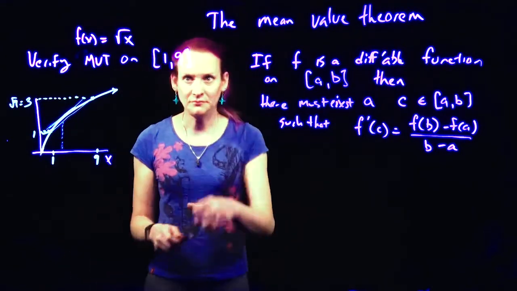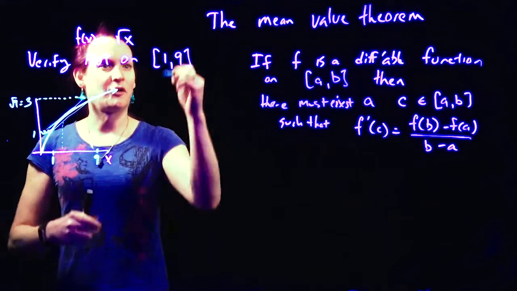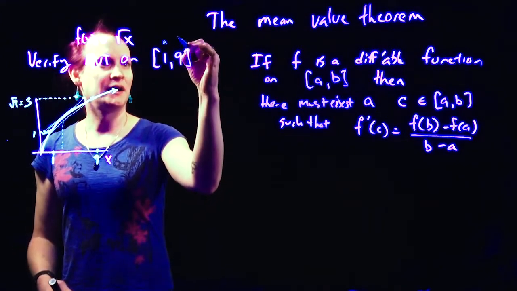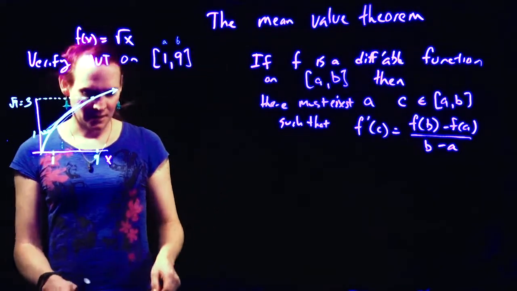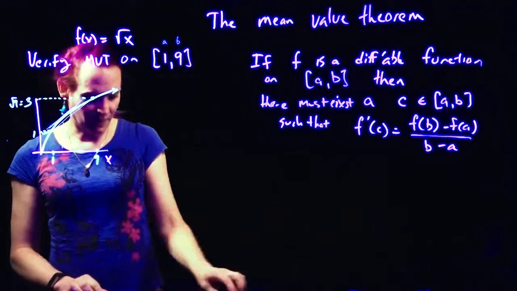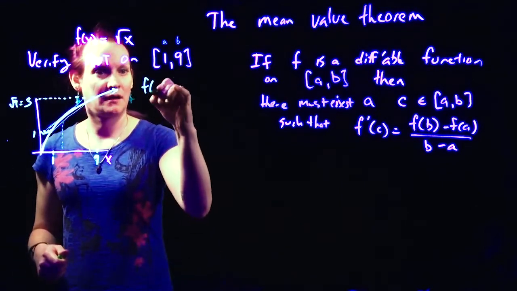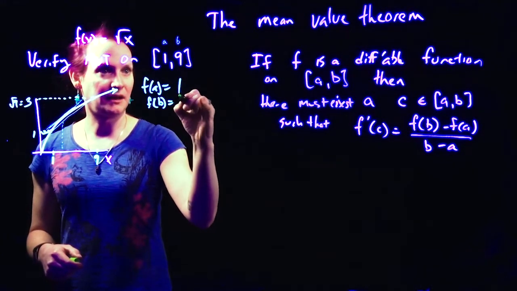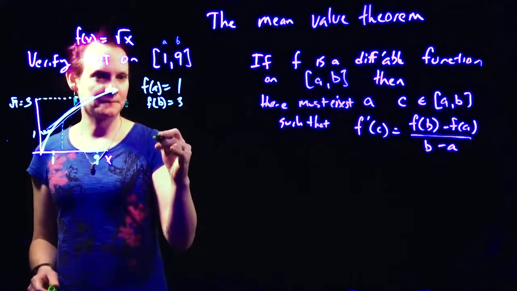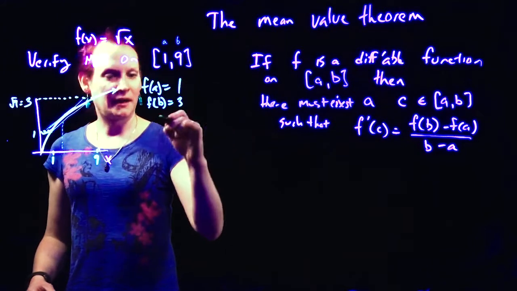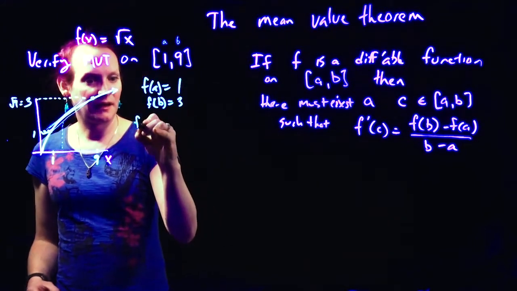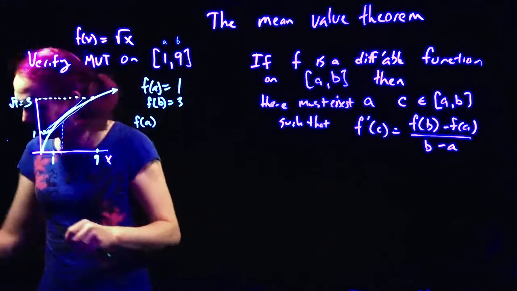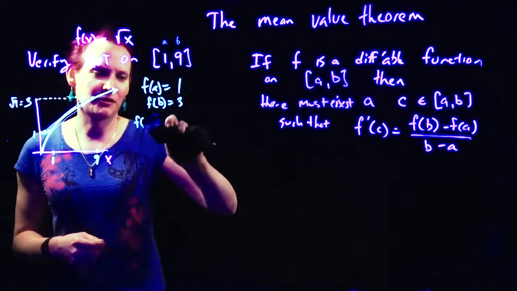My interval is from 1 to 9. So 1 is A, 9 is B. So f of A is 1, f of B is 3, and so then I have f of B minus f of A, it doesn't matter because there's a minus sign.